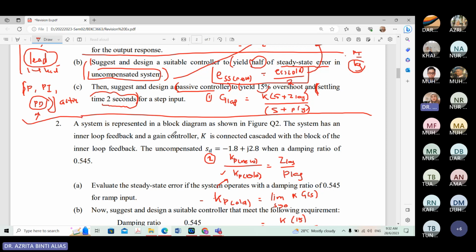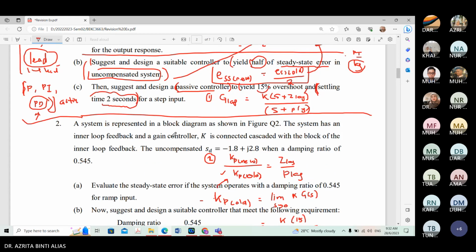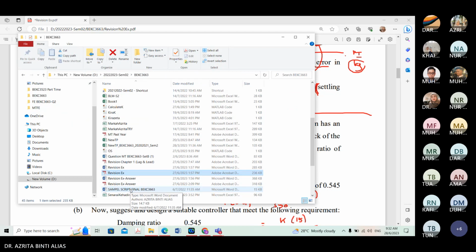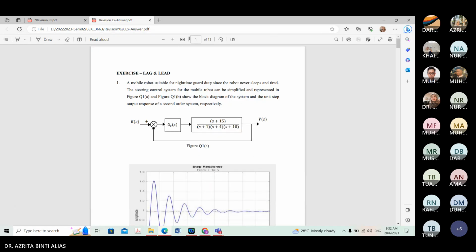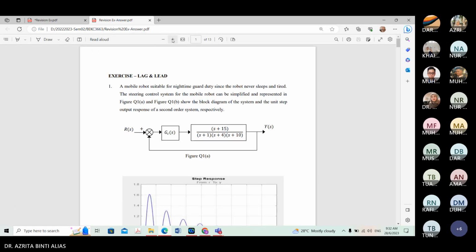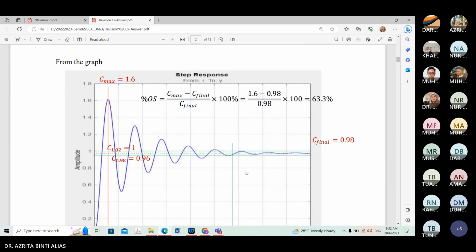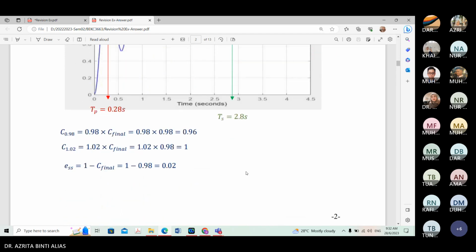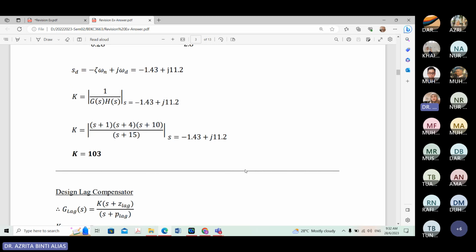Belum. Okay, ni jawapan tadi ya. Saya tak nak bagi. Awak buat sendiri.